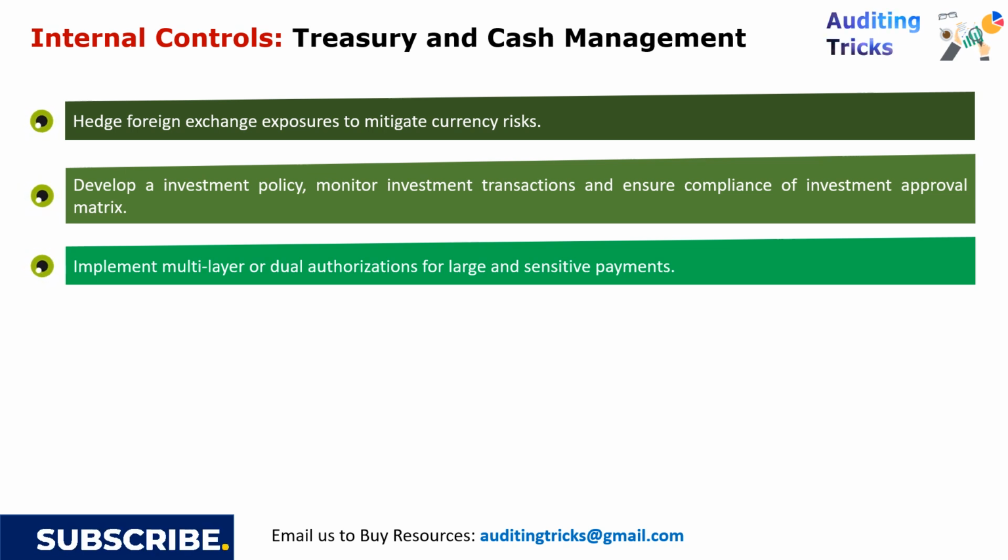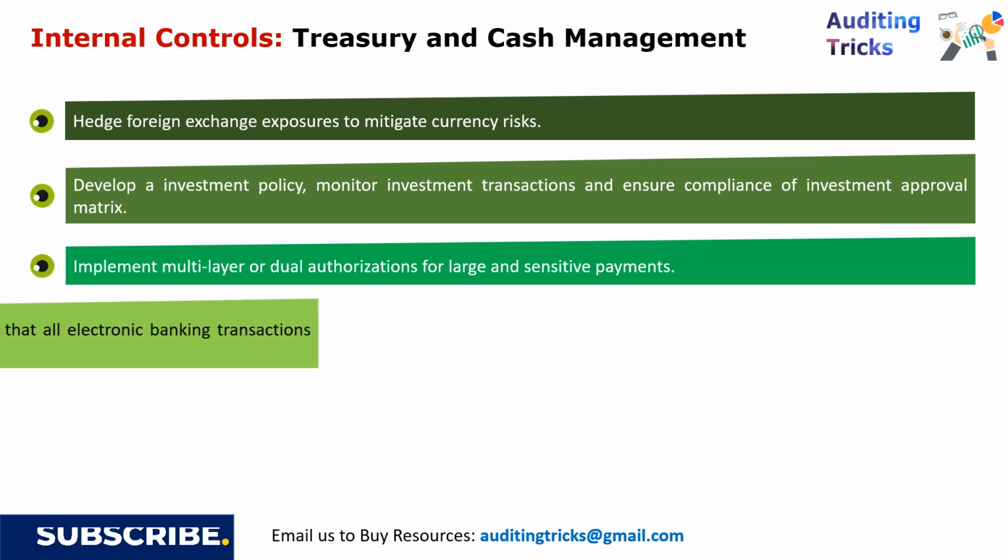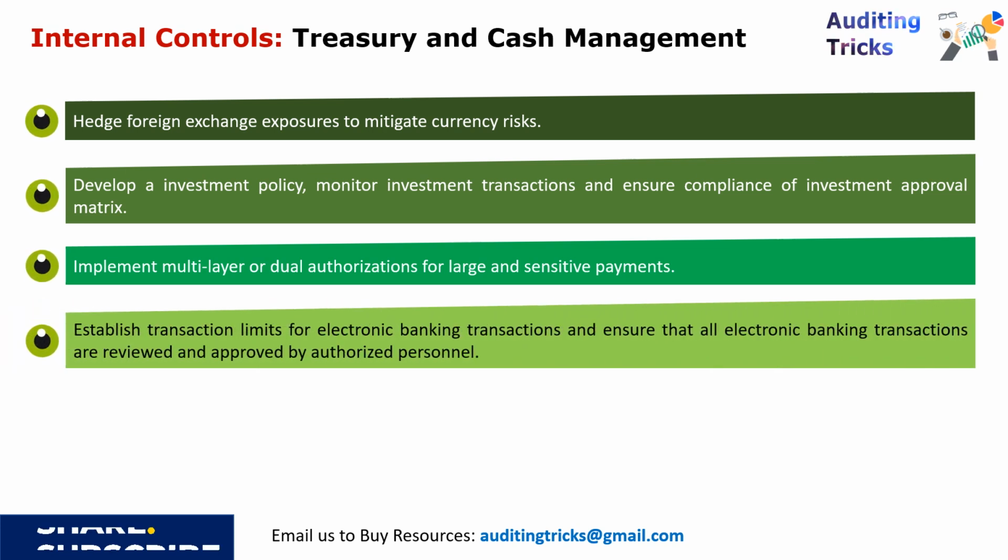We should implement a multi-layer or a dual authorization for any kind of large or sensitive payments. We should establish transaction limits for each electronic banking transaction, and we should ensure that all the electronic transactions are properly reviewed and approved as per the DOA matrix.